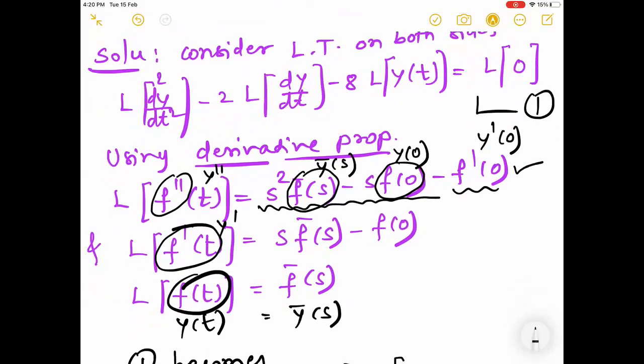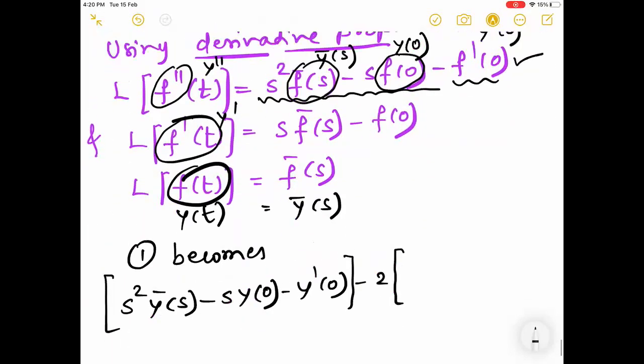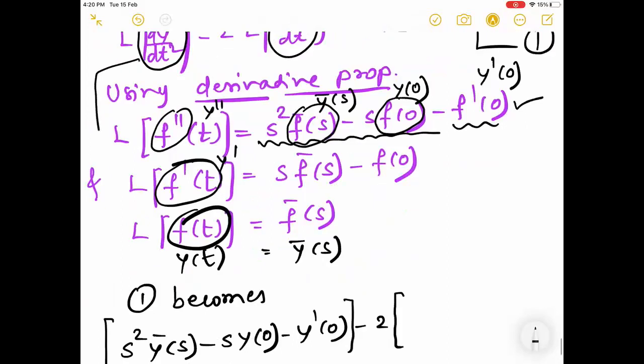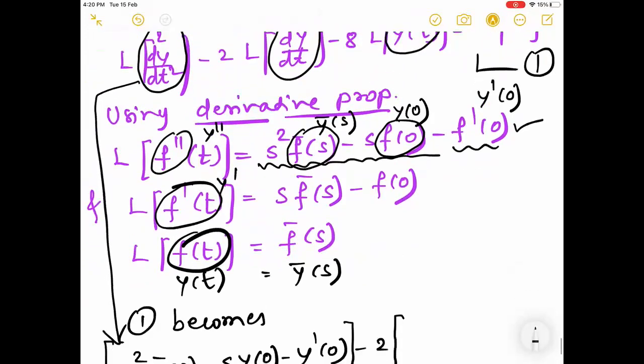Okay. So I want the second derivative Laplace transform, first derivative Laplace transform, and the y of t transform. So the first term I am writing like this. This is your first term. Minus 2 into the second term, that is s into y bar s minus y of 0.